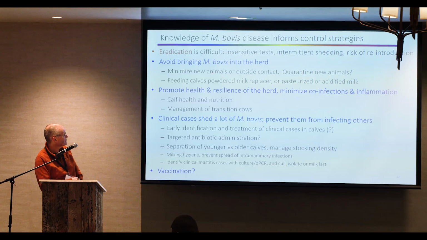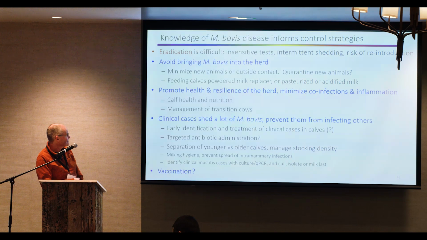So if milk is being used, that would be one approach to preventing infection from it. This is just general stuff that you hear all the time, but I think it's true. Promoting health and resilience of the herd, minimizing co-infections, which again our work I think really supports co-infections and inflammation. So maintaining calf health and nutrition.